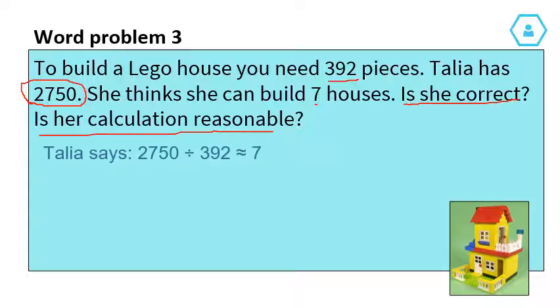So one way of communicating that is, this is what Talia thinks. She says that 2,750 divided by 392 is close to, and you'll see here, this is a kind of swirly equal sign. It's not like the straight equal sign we see, which we know means the same as. Here, this means approximately or close to 7.